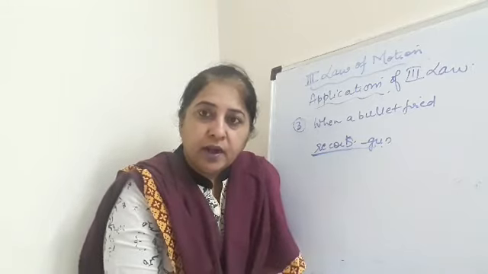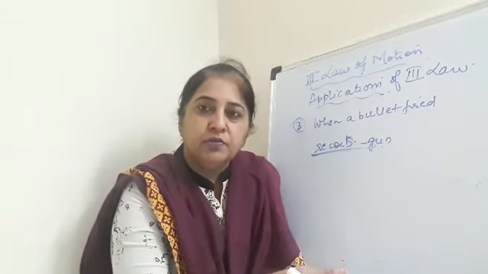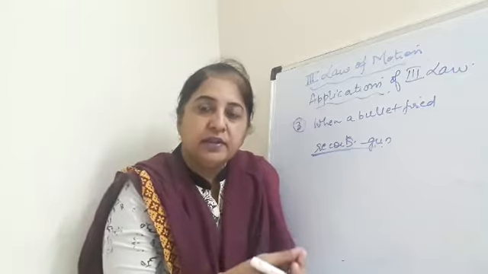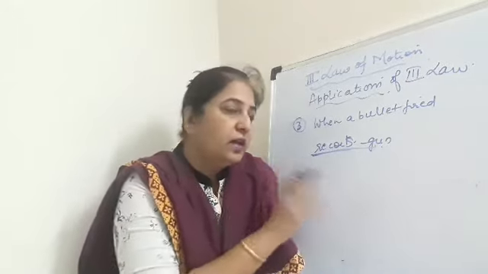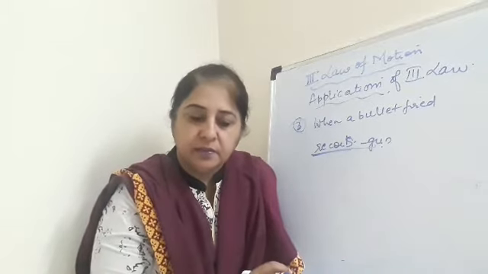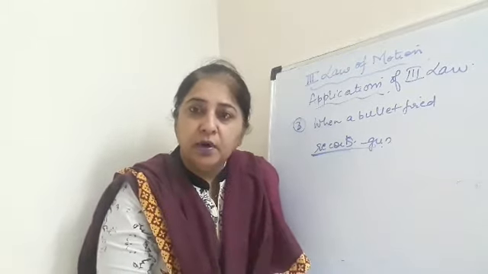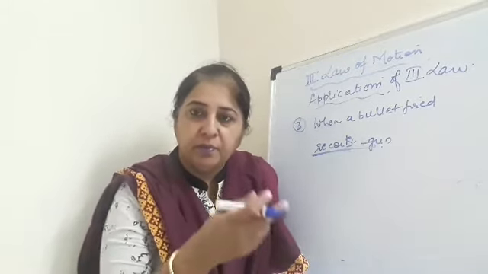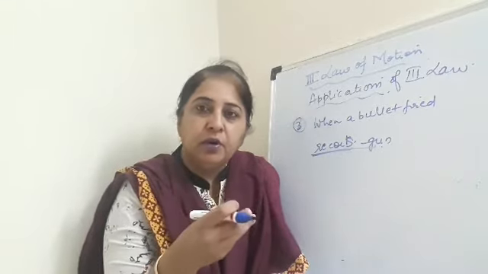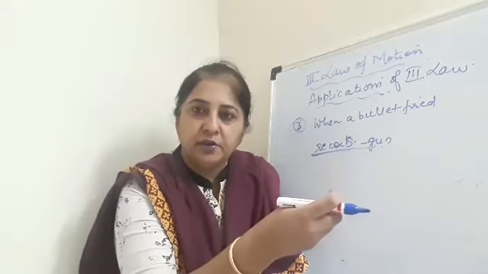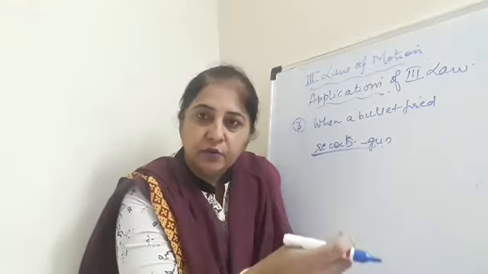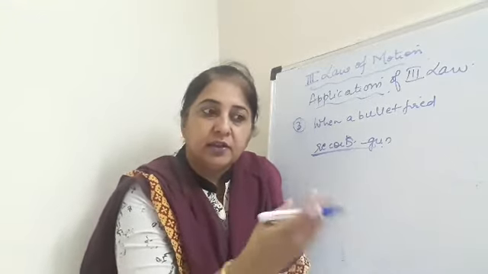What happens to the gun? The gun moves in the backward direction, or we can say that the gun recoils. This also can be explained with the help of the third law, which says that when we press the trigger of the gun, the bullet is fired, the bullet moves in the forward direction. This is the action force.